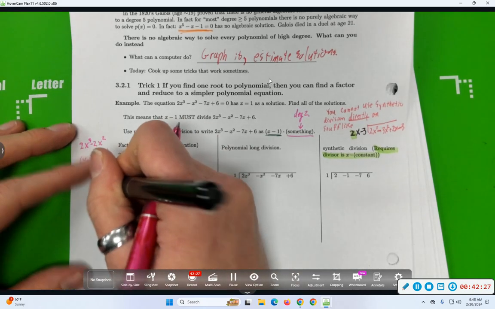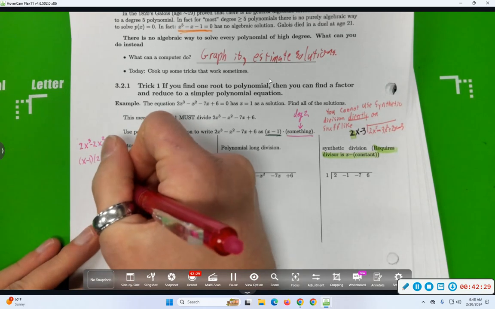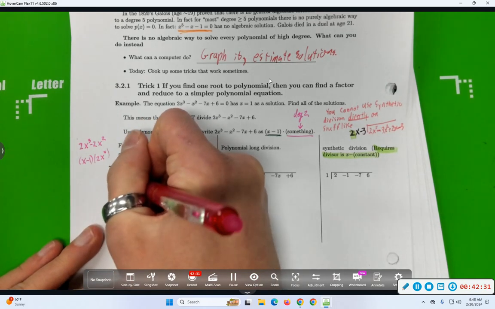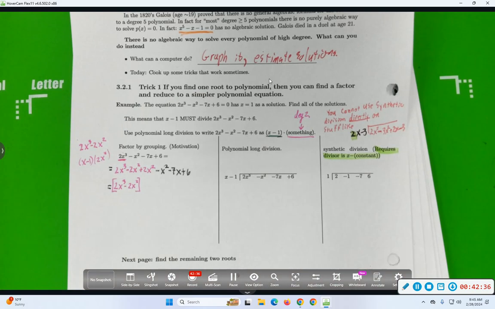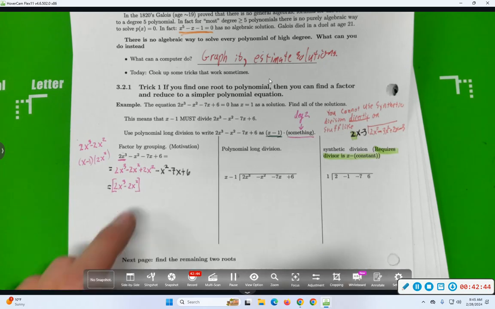So, this is 2x cubed minus 2x squared. That piece I want to hold on to because I know that x minus 1 is a factor of that piece. Now I'm just going to copy the rest of it down and look at the biggest degree term and iterate this.